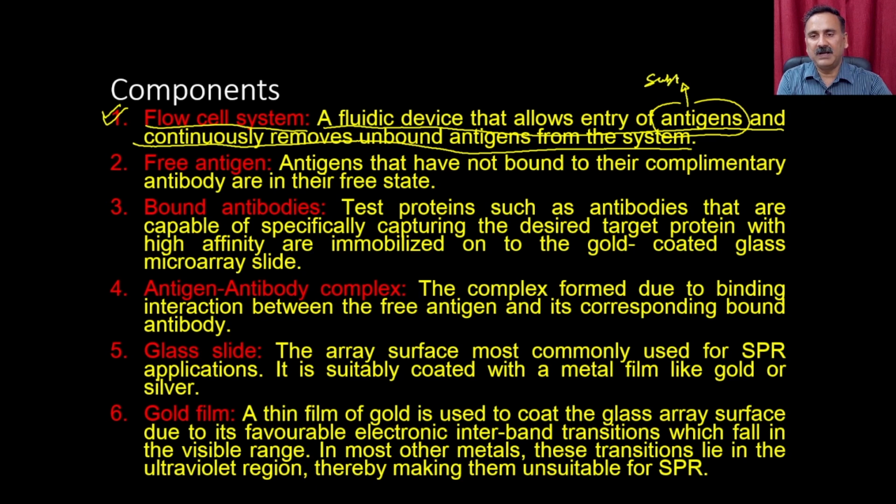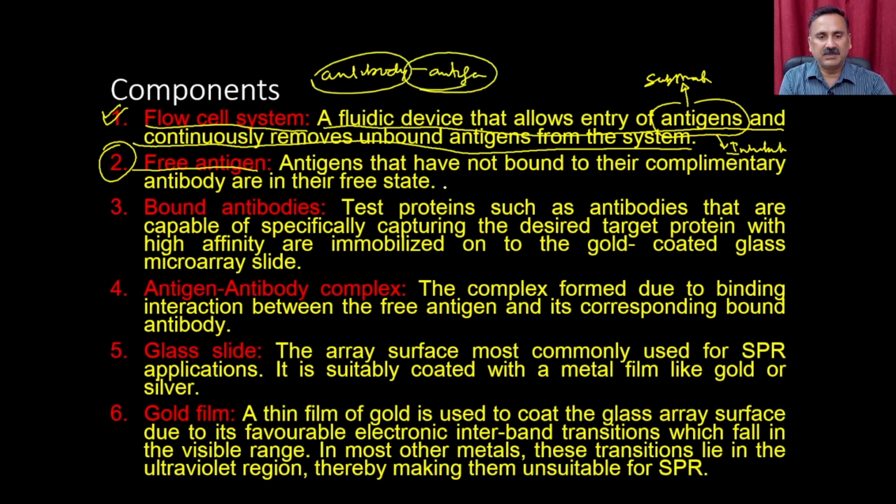It could be substrate, it could be inhibitor, and so on. Then we can also have the free antigens. So you are going to supply the antigen, although we have taken an example of antibody and antigen. It can be an antigen, or enzyme substrate complex, or enzyme inhibitor complex.